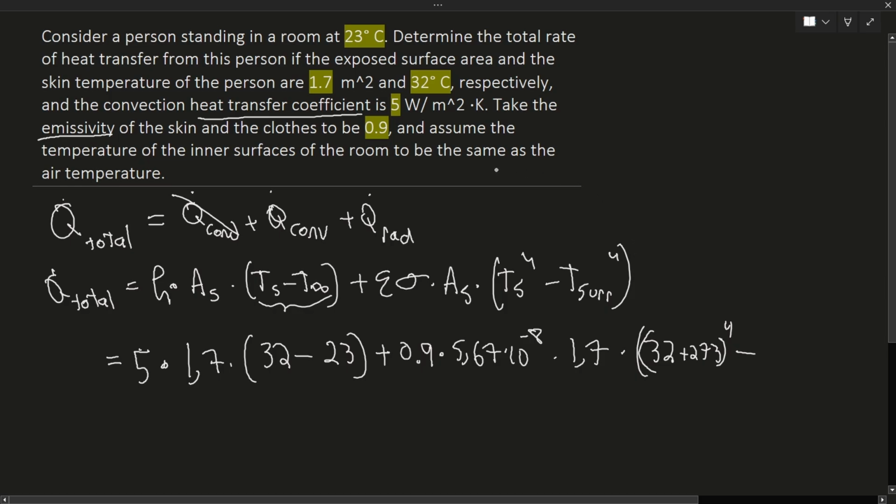But in this specific question, it's telling you to just assume the surfaces of the room are the same as the air temperature, which was 23. So I'm just going to write 23 plus 273, to the power 4. That's it. The rest is just you grab your calculator and you calculate everything. And doing this properly, you should get a Q total of about 161.26 watts. That's it. Easy peasy.